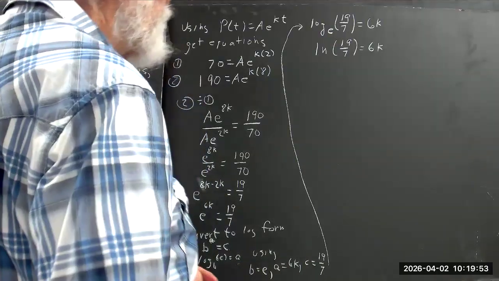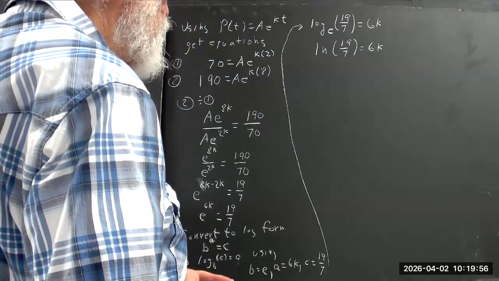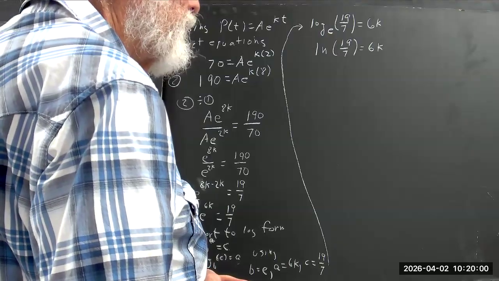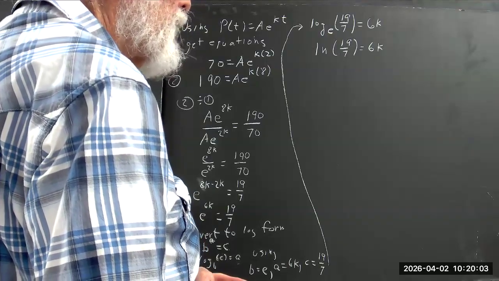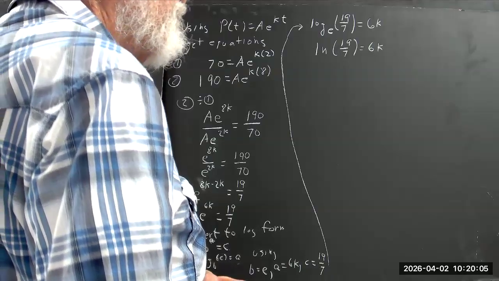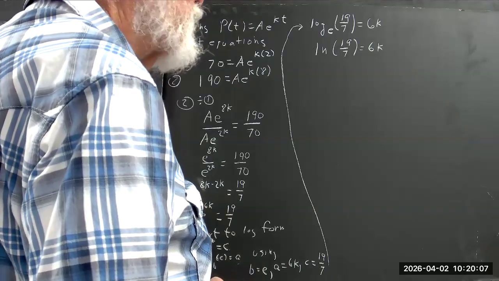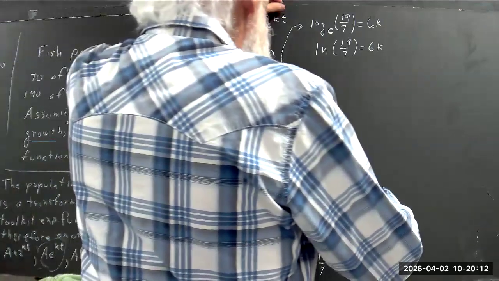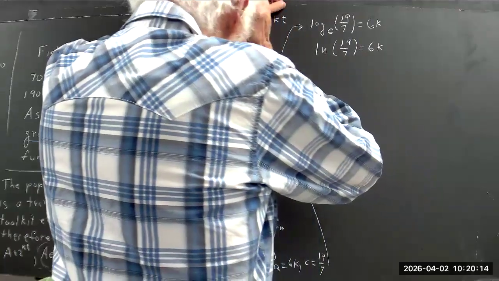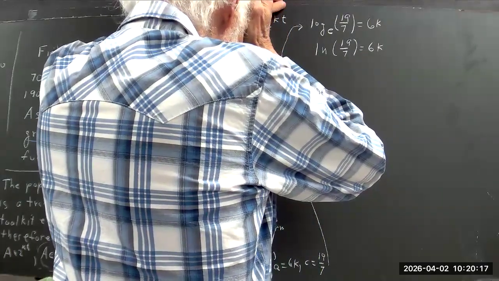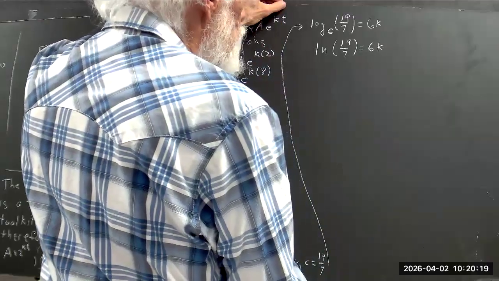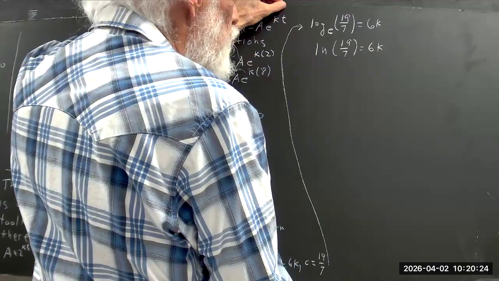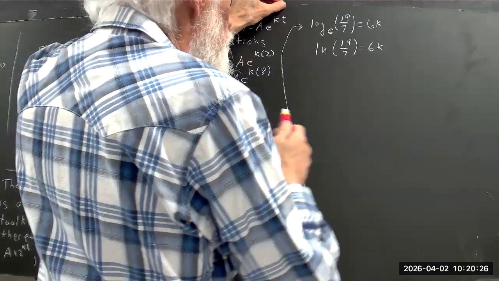Now, I don't know what the natural log of 19/7 is, but 19/7 is pretty close to e. It's pretty close to 2.7. It's a little shy of it, it's 2.714 as opposed to 2.71828.